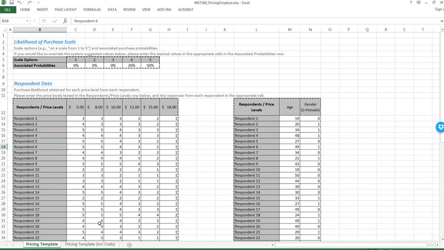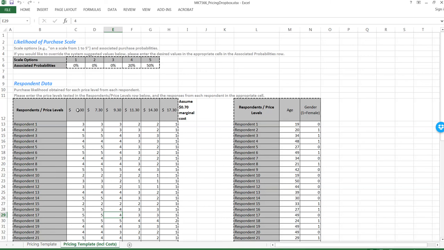If we have marginal cost, we simply modify the respondent's price levels. So here, if we assume 70 cents marginal cost, we subtract it from the prices given before. So here was $5 minus 70 cents, we enter here 4.30.